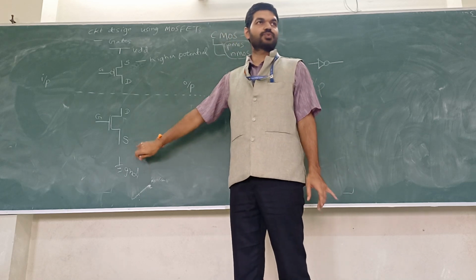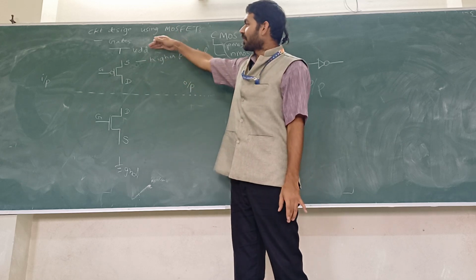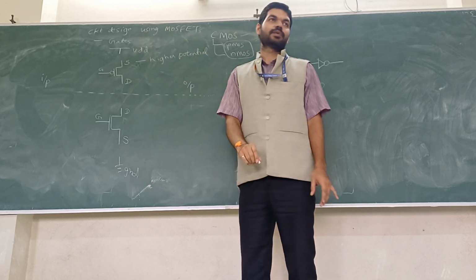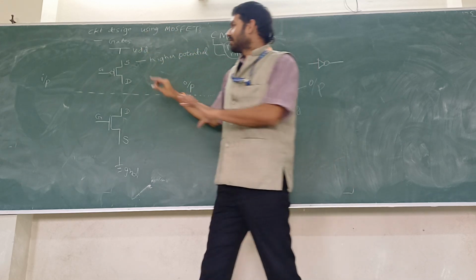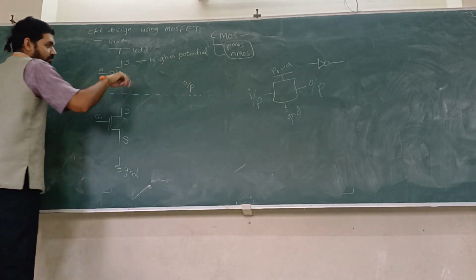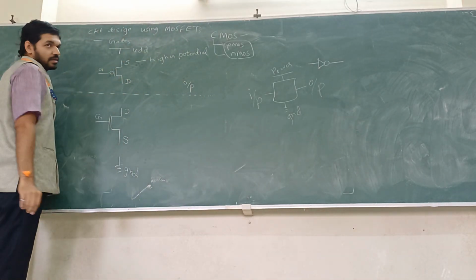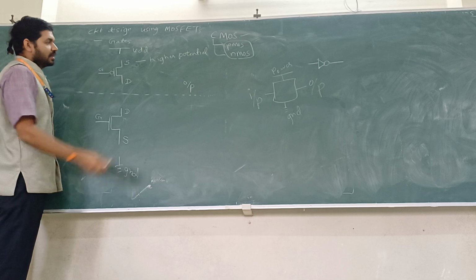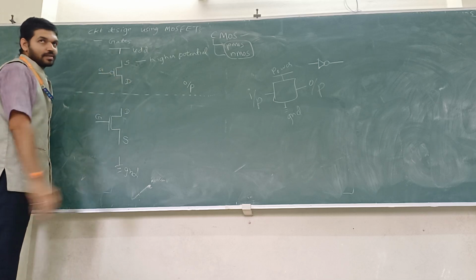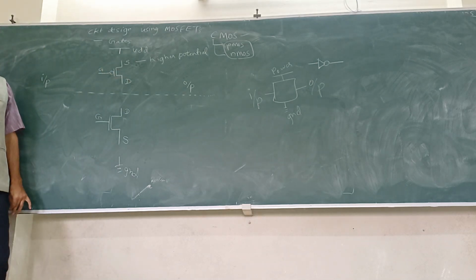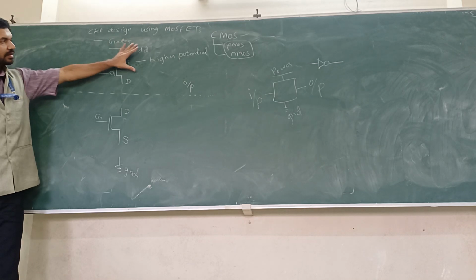Highest potential should be connected to source of PMOS, and lowest potential to source of NMOS. Therefore, we are doing this arrangement. Actually, you could say drain can be at the top and source at the bottom. Yes, it can be, but you have to follow this thumb rule.